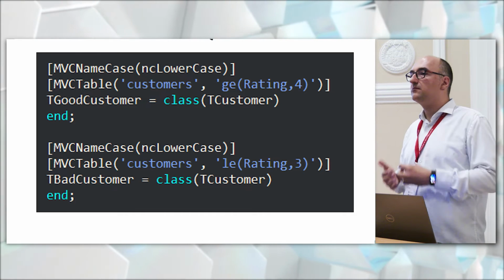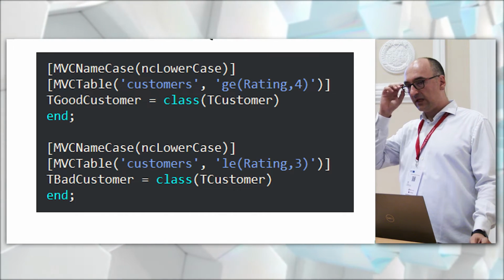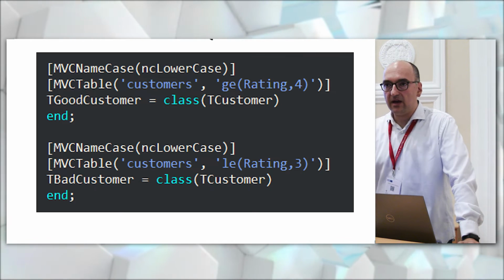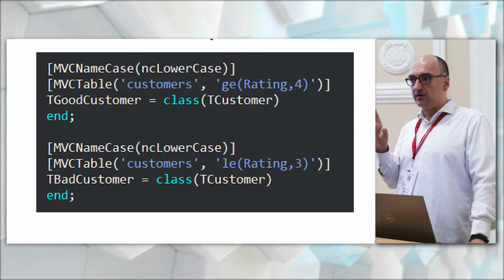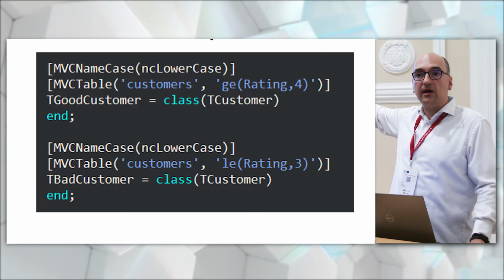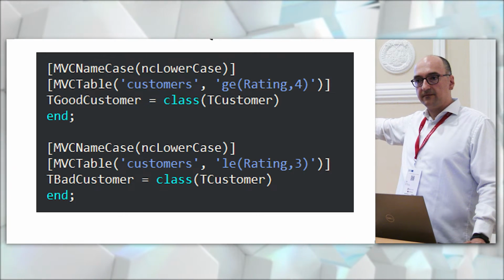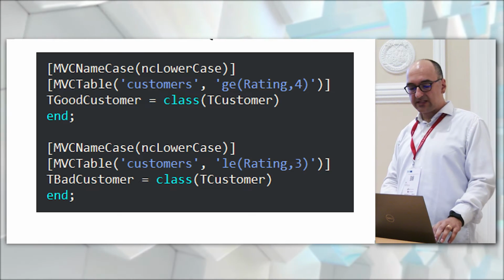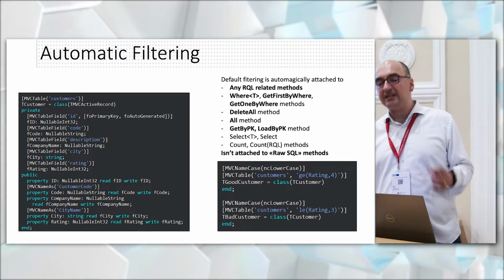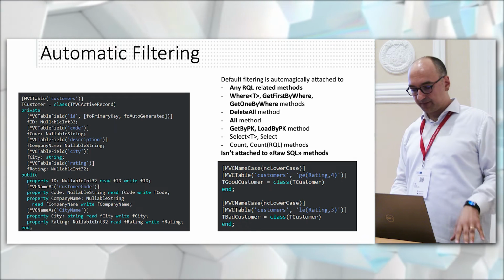So in this case, you have a good customer. If tomorrow you change the criteria which defines a good customer, just go here, change the RQL, and that's it. This is the automatic filtering, and it is attached to all the methods able to read something.